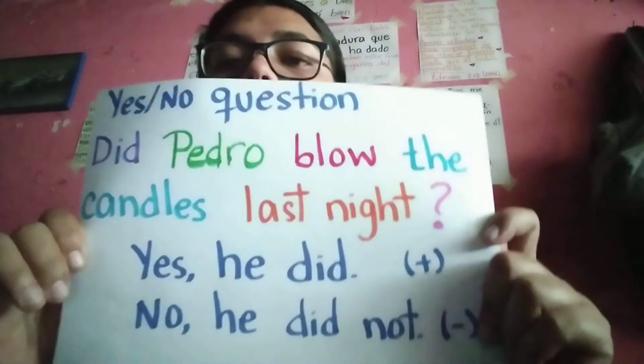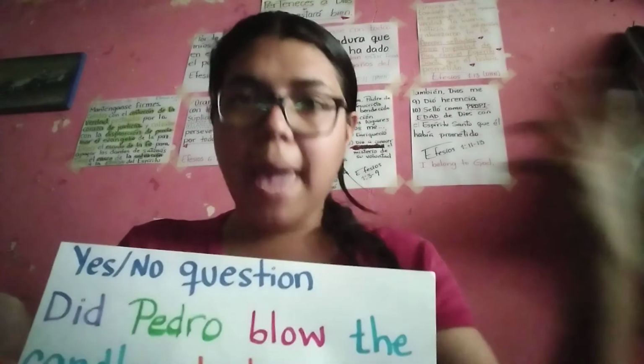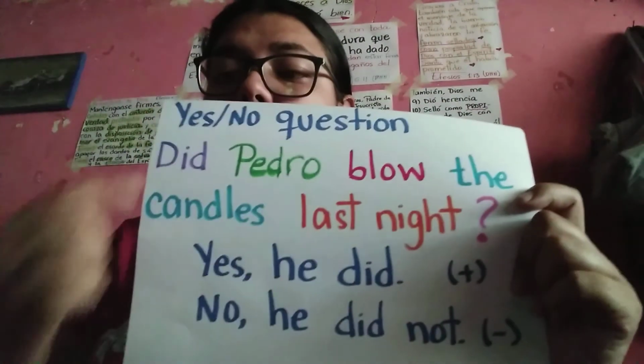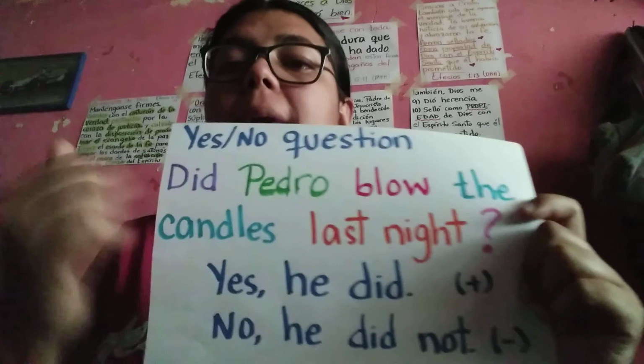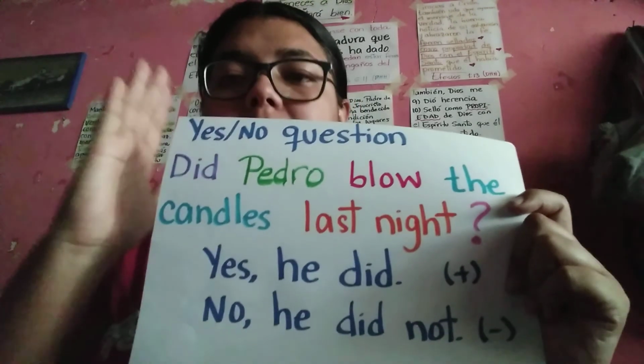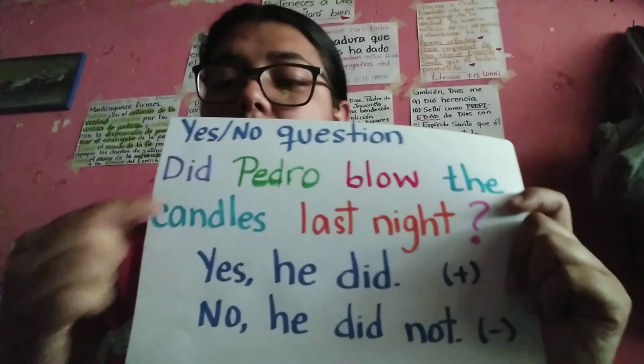The same thing happens when I'm going to make a yes/no question. Remember, yes/no questions, I make them when there are just two answers, yes or no, right? So here, look at the distribution. Did happens to be my auxiliary verb, so he's going to be the head of the sentence, in this case the question.